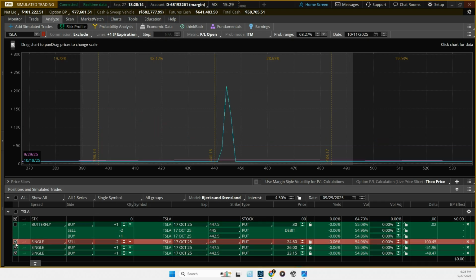And hopefully this is very obvious, but the reason why is that, as I was explaining, the probability of Tesla landing right here in this 445 in this time frame to get the max reward is not very high.